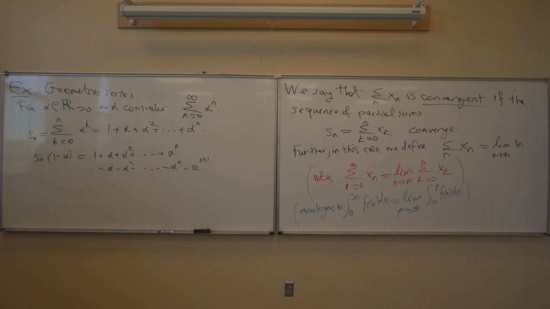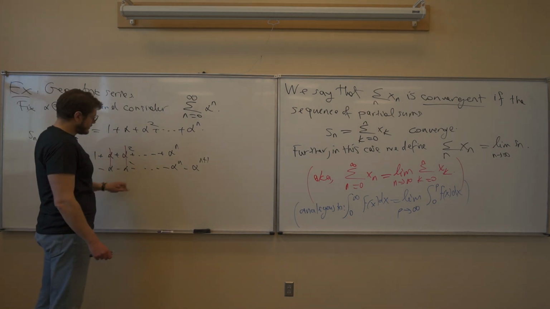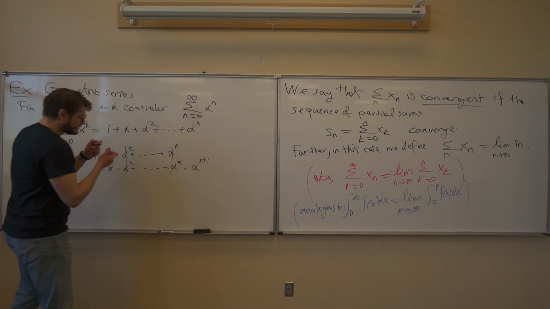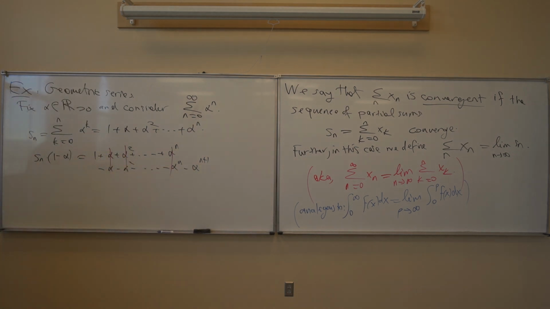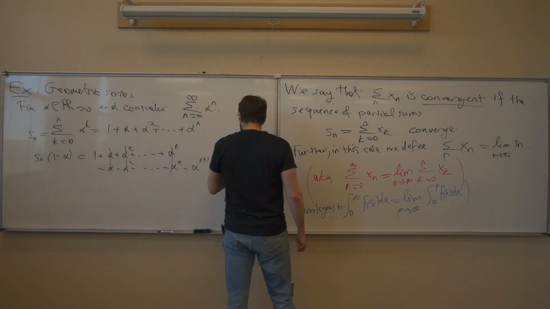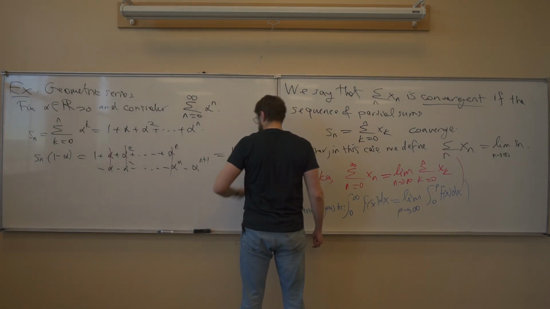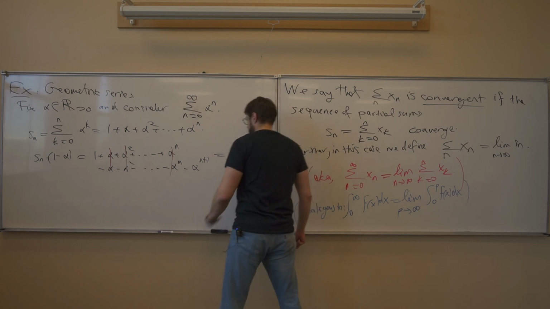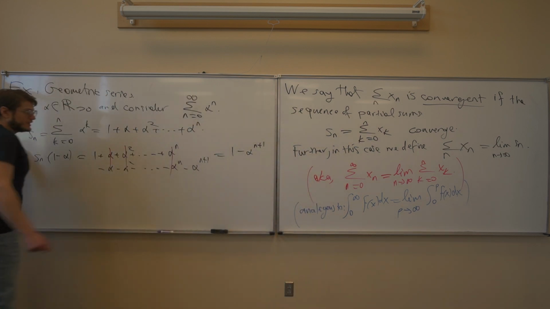But then these cancel, and I'm left with just 1 minus alpha to the n plus 1. Any questions about this?